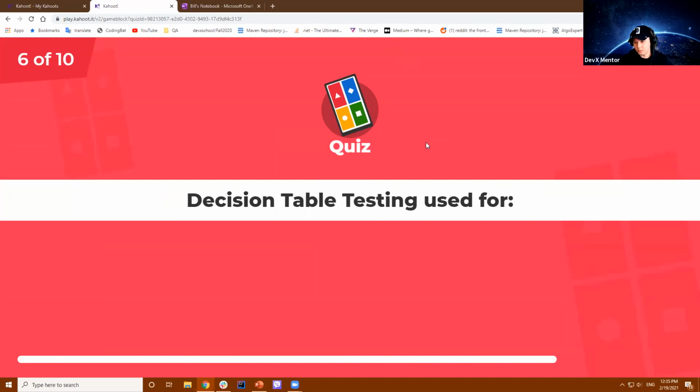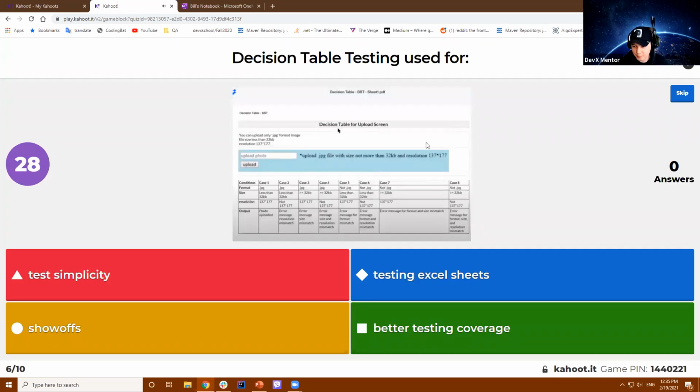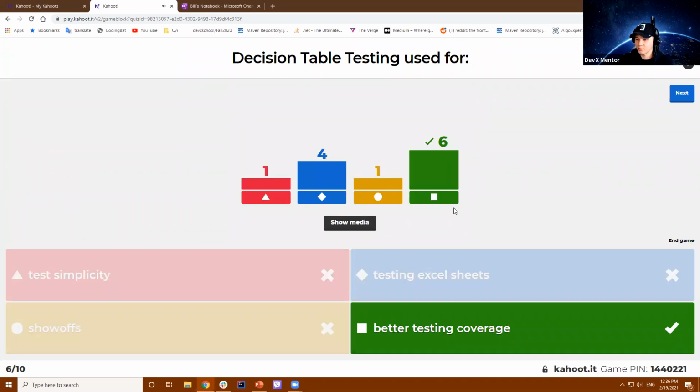Decision table testing is used for... Yeah, most of you got it.